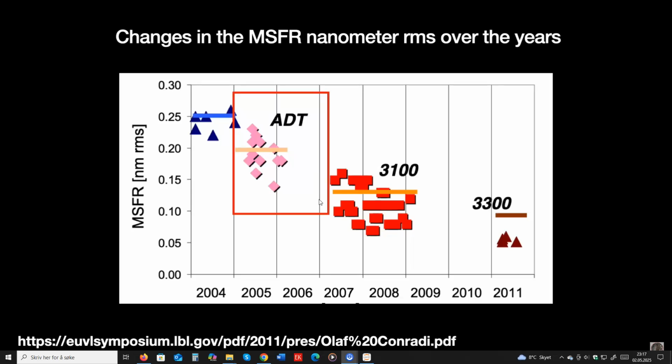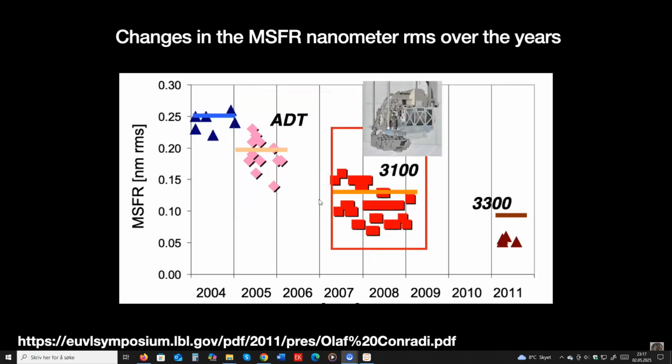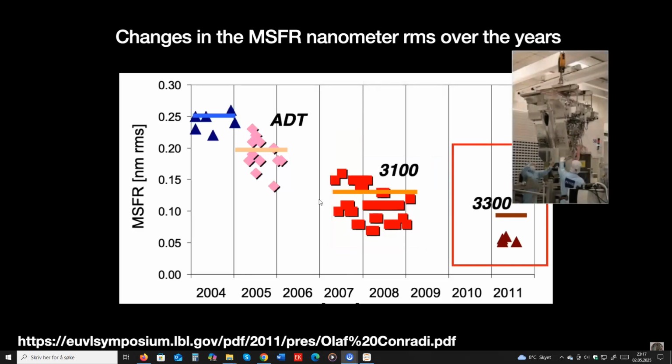That number describes the height of the errors, and that correlated to a flare of about 16%. In 2007, for the Starlith 3100, Zeiss had cut that down to a little under 0.15 nanometers, and then in 2011, the next generation Starlith 3300 had an MSFR of about 0.05 nanometers RMS.